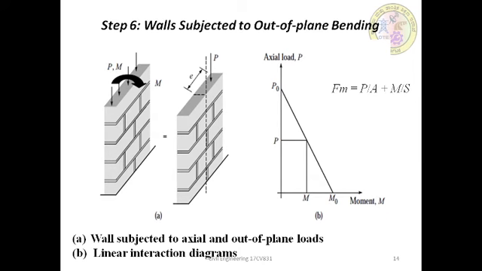Regarding the relations for the combined effect, in the figure you can see the axial load P and bending moment M can be related to the virtual eccentricity as E is equal to M by P. And for linear elastic behavior, the section is to be expressed as Fm is equal to P by A plus M by S. So here Fm is nothing but the limiting or allowable stress for the combined axial compression and bending, where A is the cross-sectional area and S is the section modulus.